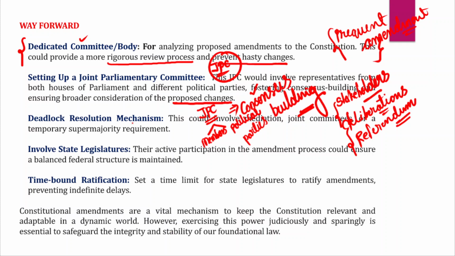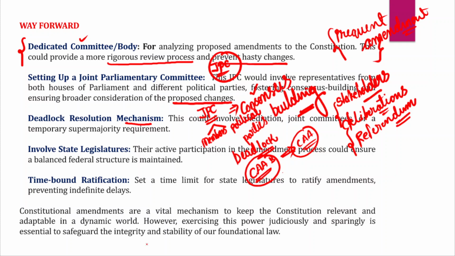And apart from that, there should be a deadlock resolution mechanism. Now, what exactly is a deadlock resolution mechanism? For example, as I have already told you, for a constitutional amendment bill to become a constitutional amendment, it must be accepted by both houses of the parliament, both Lok Sabha and Rajya Sabha.